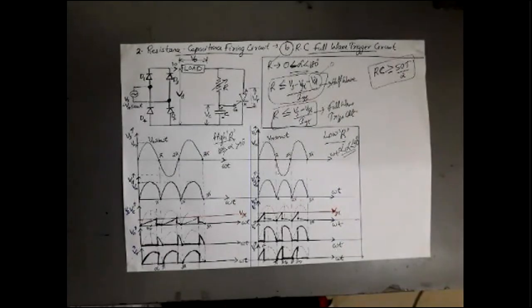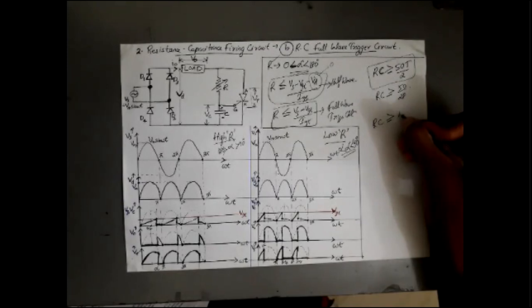This relation has to be used to design the RC full wave trigger circuit. In the previous case, RC should be greater than or equal to 1.3 times T by 2, and in this case RC should be greater than or equal to 50T by 2. Also T is equal to 1 by F.